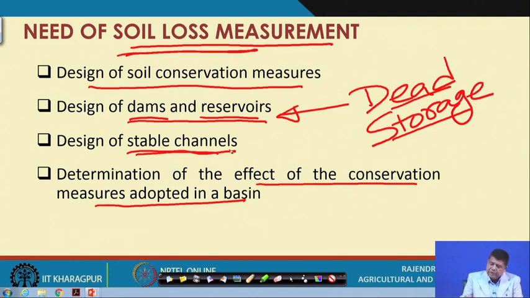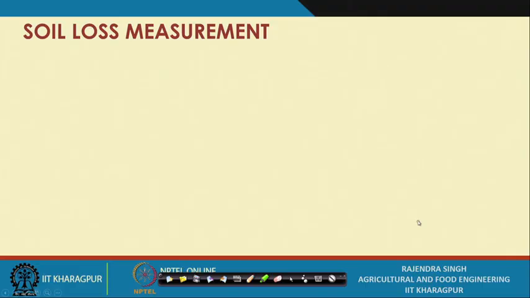And finally, if we have adopted certain conservation measures in a soil conservation program in a basin, how effective those measures are can only be evaluated based on measurements of the soil loss being generated. So, soil loss measurement is very important while designing or evaluating any of the conservation measures or practices adopted in a given watershed.